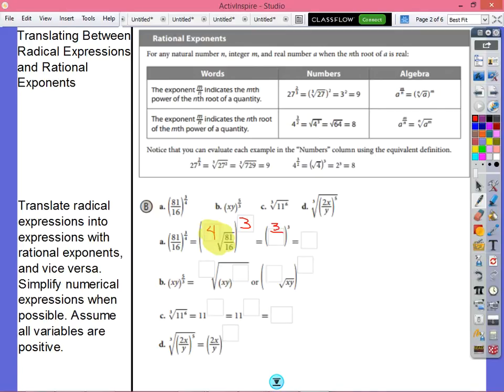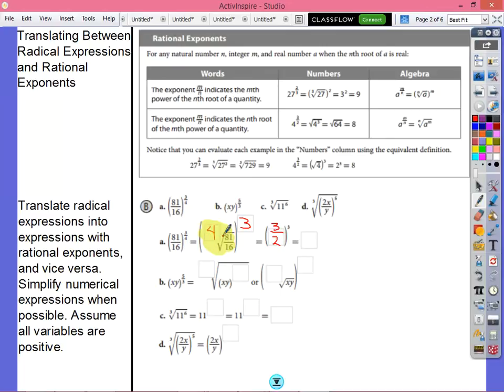Okay, the number that multiplies by itself 4 times that equals 16, that number is a 2. 2 times 2 times 2 times 2 is 16. Okay, so the 4th root of 81 over 16 is 3/2. In other words, if you multiply 3/2 by itself 4 times, you get 81 over 16.